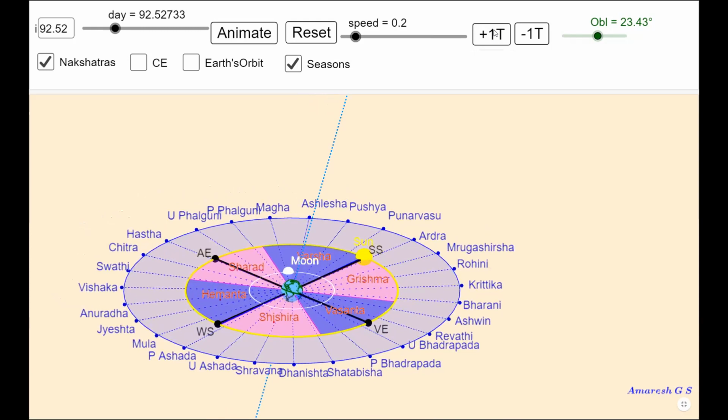Not bad, huh? So now the third month of this solar year is completed. We went through 1 month of the Vasanta Rutu, spring season, and 2 months of the Grishma Rutu or summer season. We arrived at the point of summer solstice.